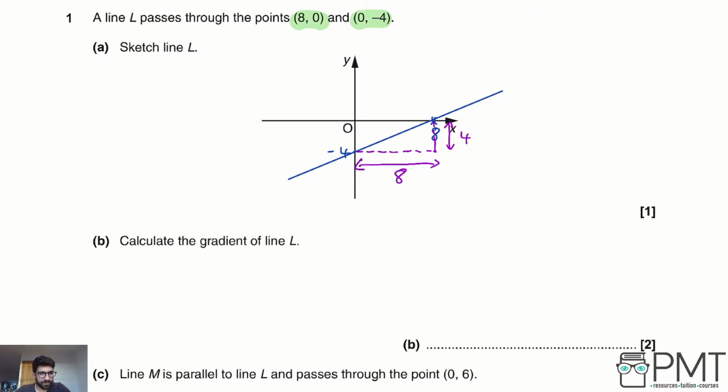So what is the gradient that you would get then? Gradient is 4 over 8, which is 1 over 2. That's my gradient for L.